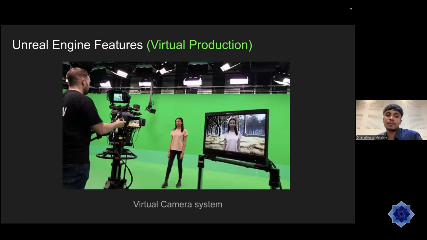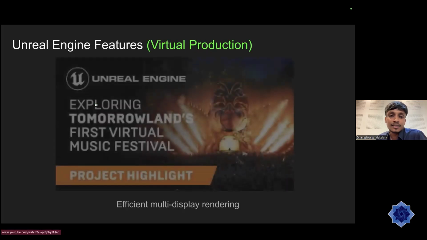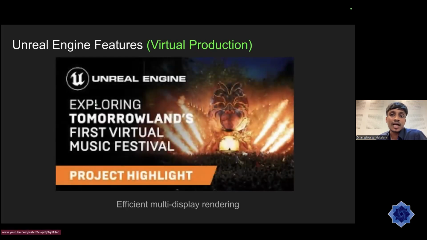And there are virtual camera systems. I'm not going into this area too much because this is about computer game development. But when it comes to the film industry and news broadcasts, these virtual camera systems are there in Unreal Engine. You may see all those news and, maybe, virtual environments. Most of the time they are developed using Unreal Engine. And virtual production is another important concept.